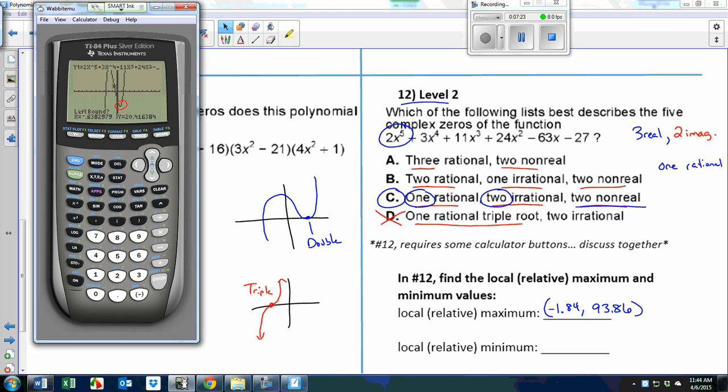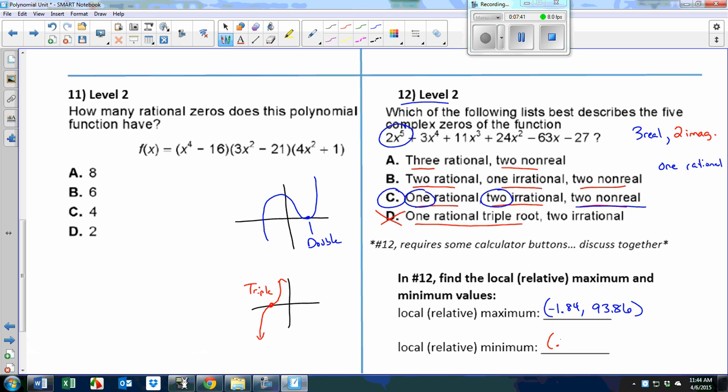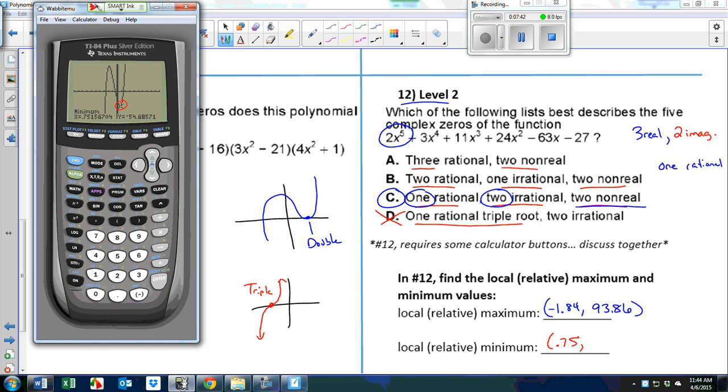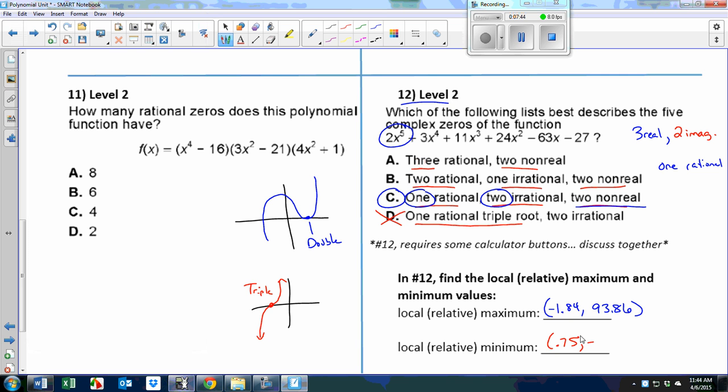My cursor is currently left of that point, so enter. Then move the cursor right of that point, somewhere over in that vicinity. Enter. Don't guess. Hit enter one more time. And the calculator finds the minimum for you, which is 0.75, -54.69.